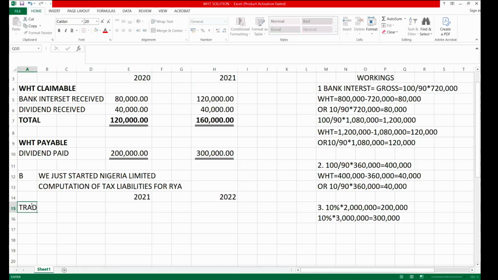So we have trading profit. All these figures are trading profit.